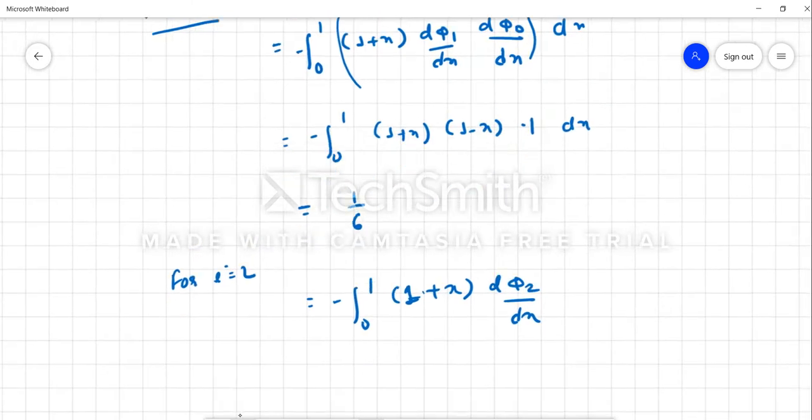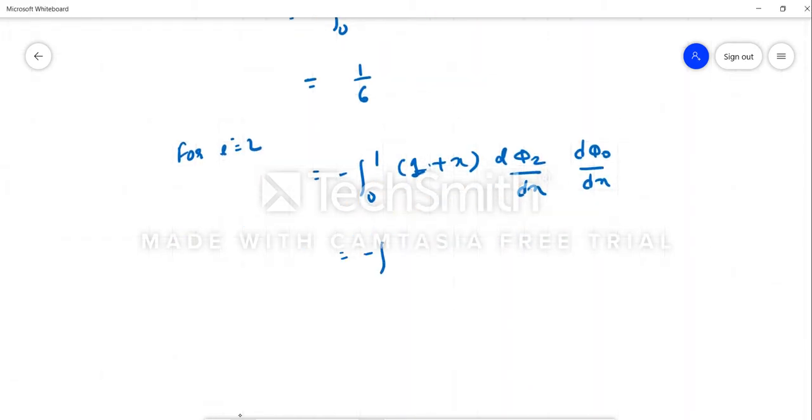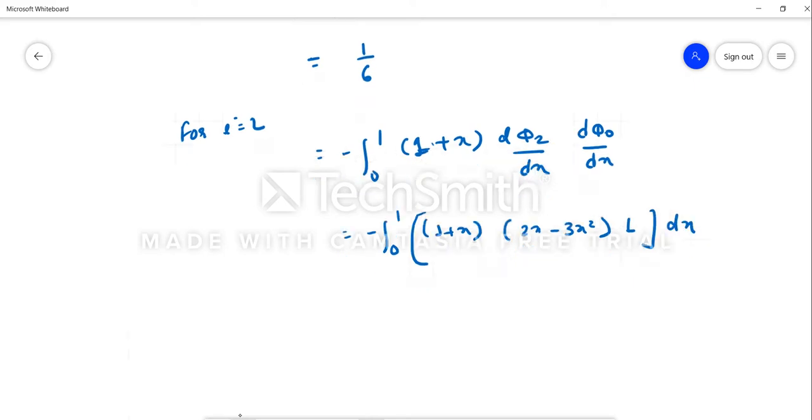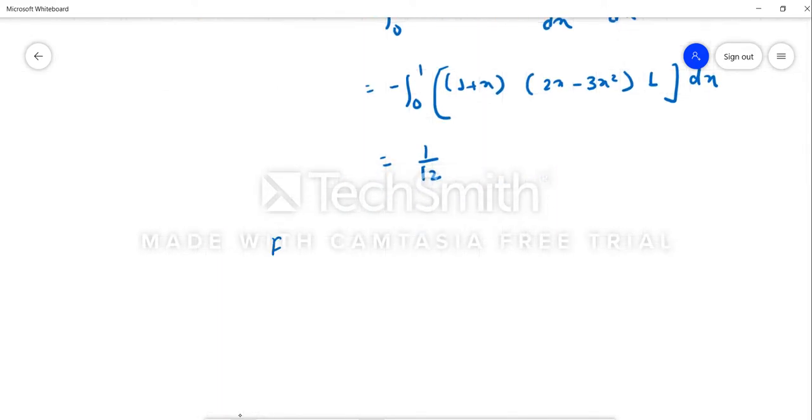The d phi 2 over dx value we have calculated earlier is 2x minus 3x square, and this is 1, dx. On solving, it will give us the value of 1 upon 12. So the force vector will look like this: 1 upon 6 and 1 upon 12.